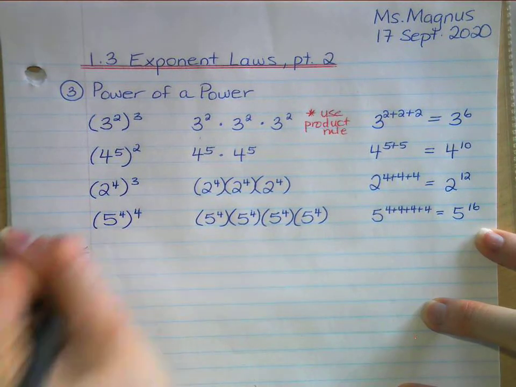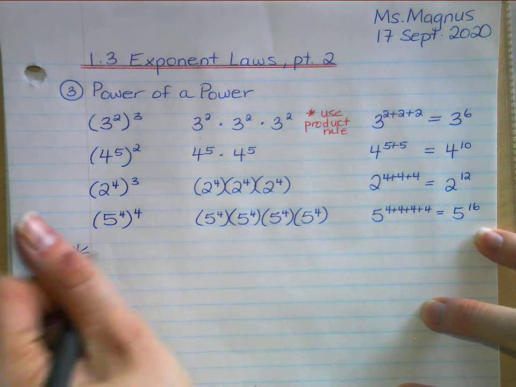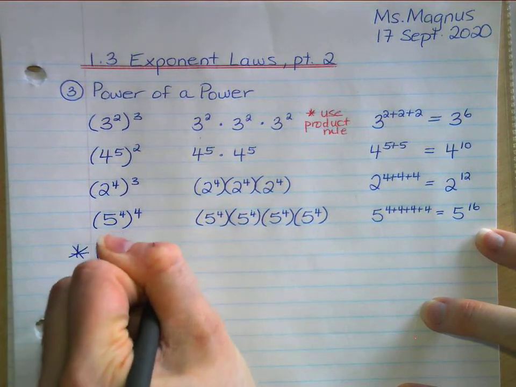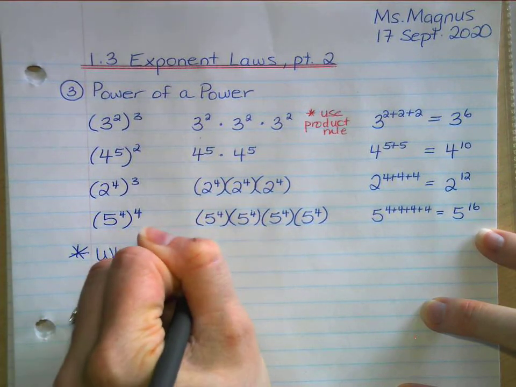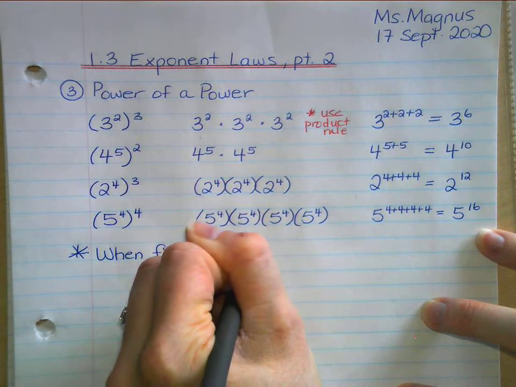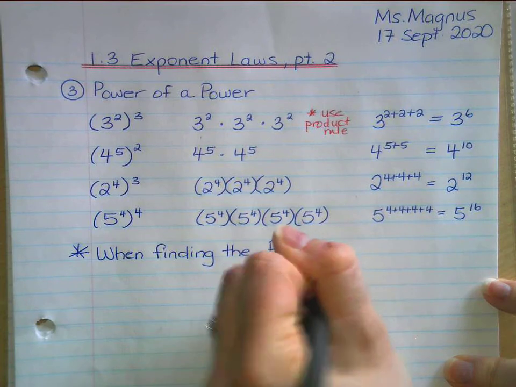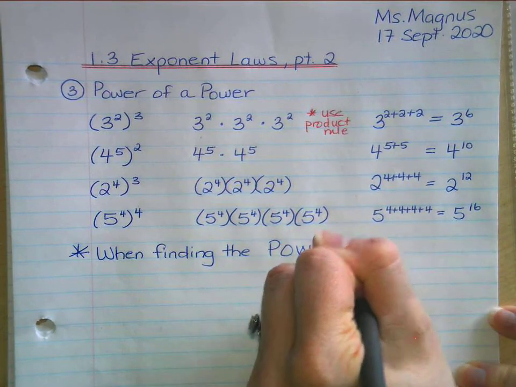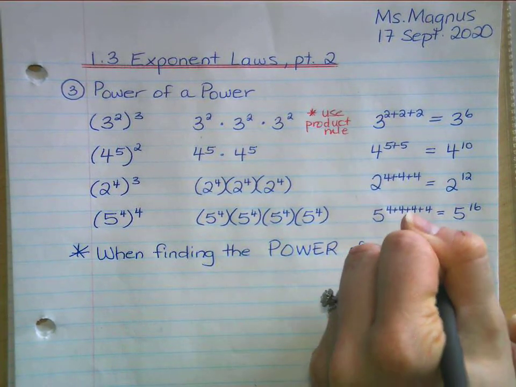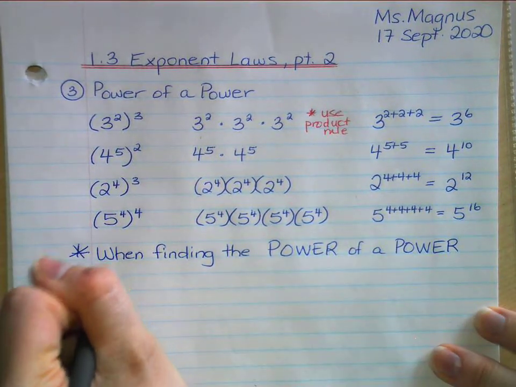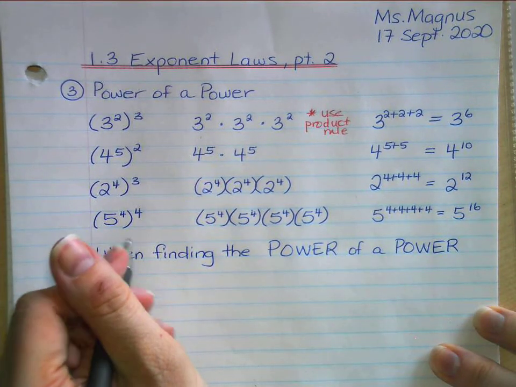When finding the power of a power, you multiply the exponents.